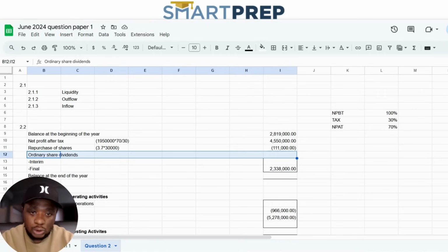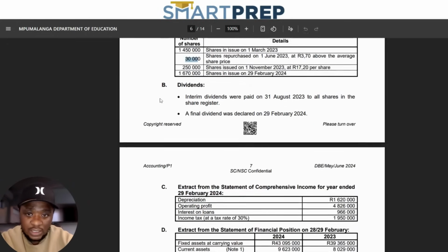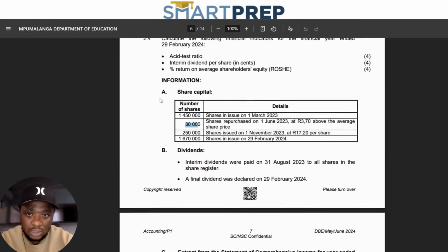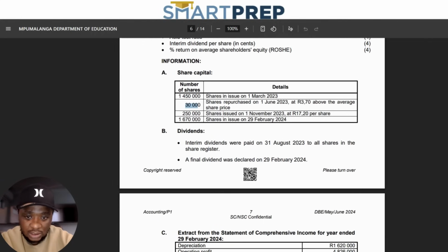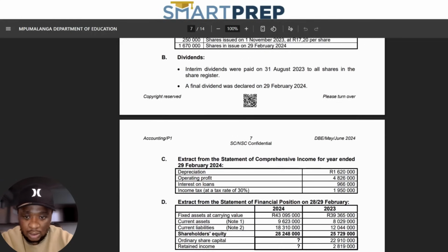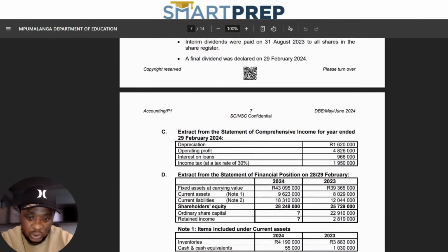Okay, cool. Let's have a look at whether we can get information about how much was paid towards dividends altogether, and that would help us. First information, there's no mention of the amounts, and then we have the final dividend that was declared. We have the operating profit, and we have the shareholders' equity from the beginning to the end of the financial year.